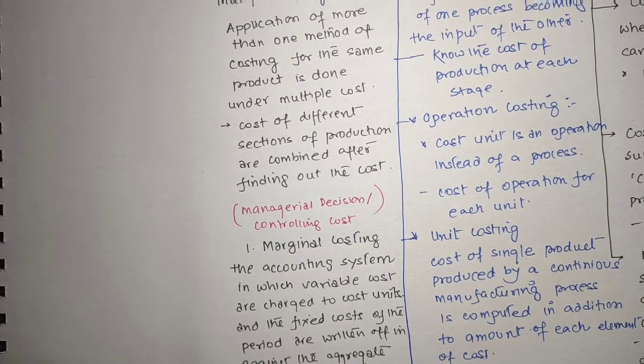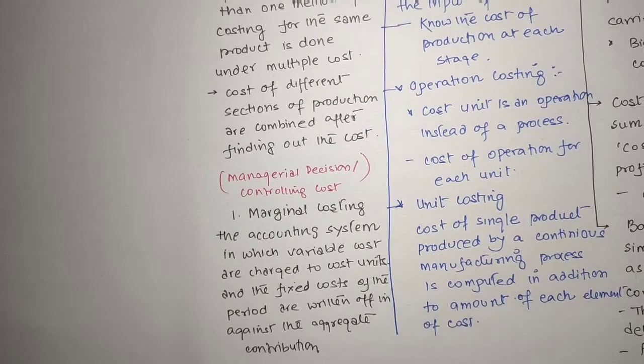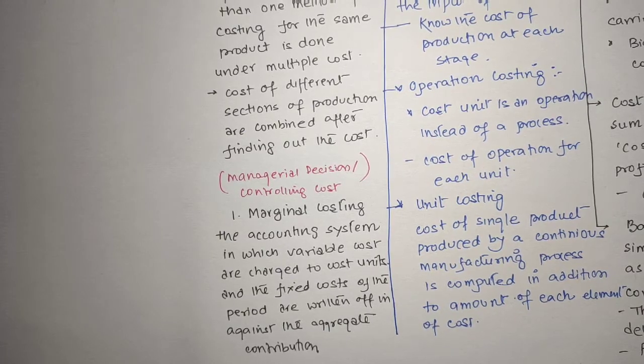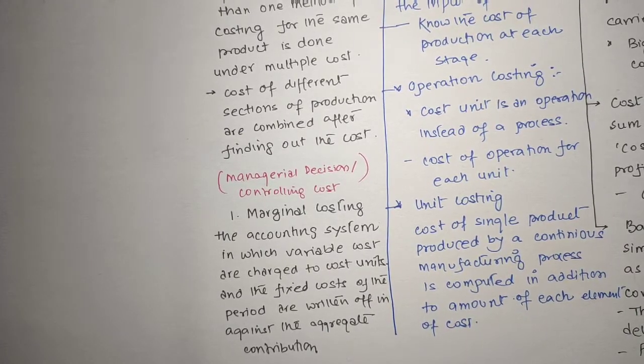So fixed overheads are excluded on the ground that in case where production varies, the inclusion of fixed overhead may give misleading results.